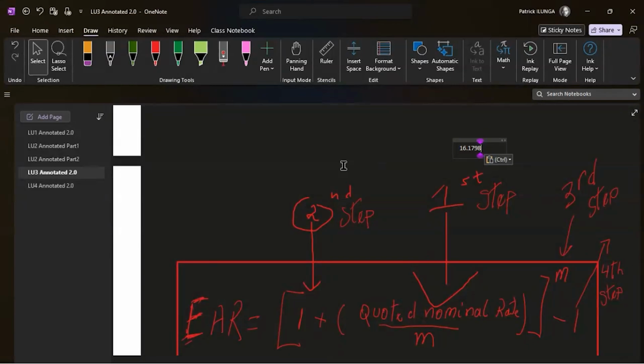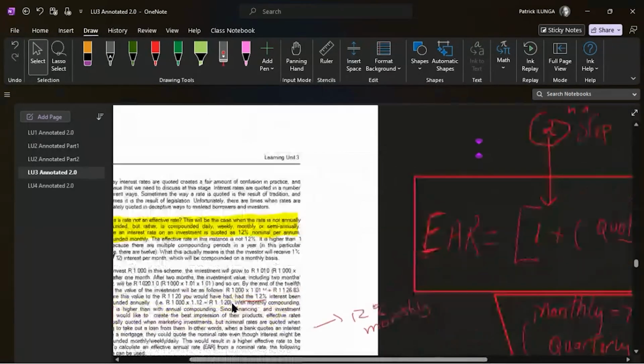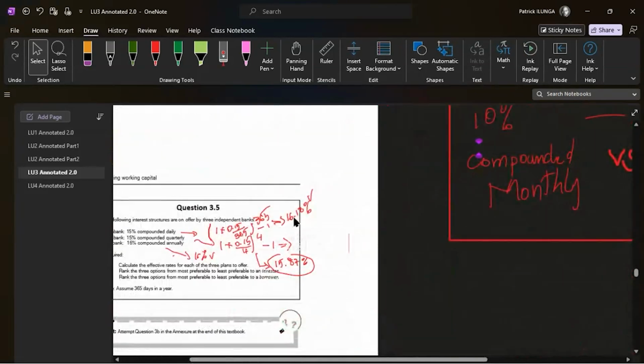But now the third decimal is going to determine what the second decimal will be. If it is 5 and above, we're going to round off 7 to 8. That's right. Simple. That's what I want you to give me as a percentage. And that's it. Do you see here? Yes. 16.18.